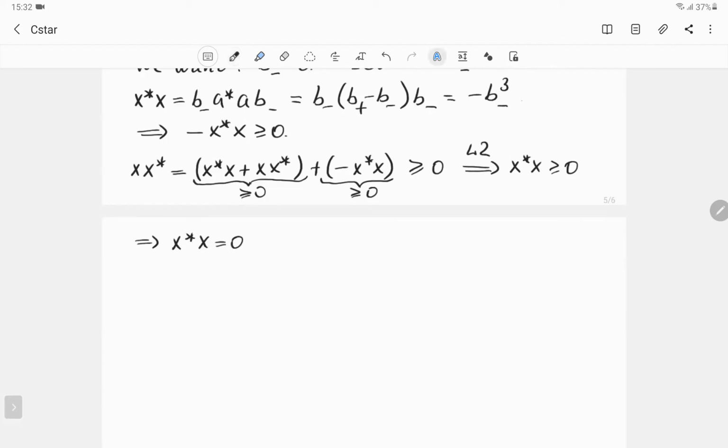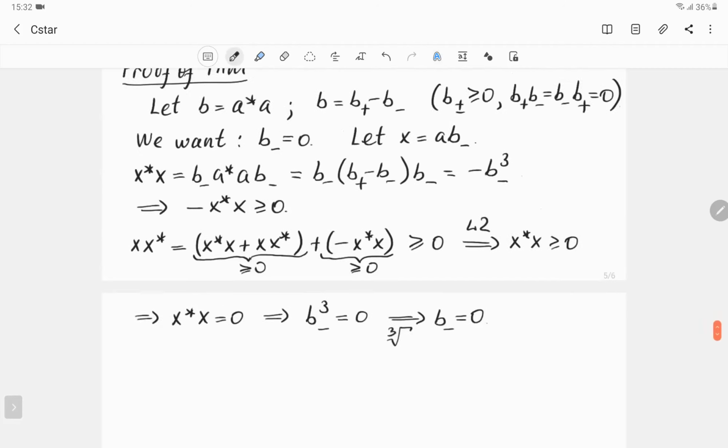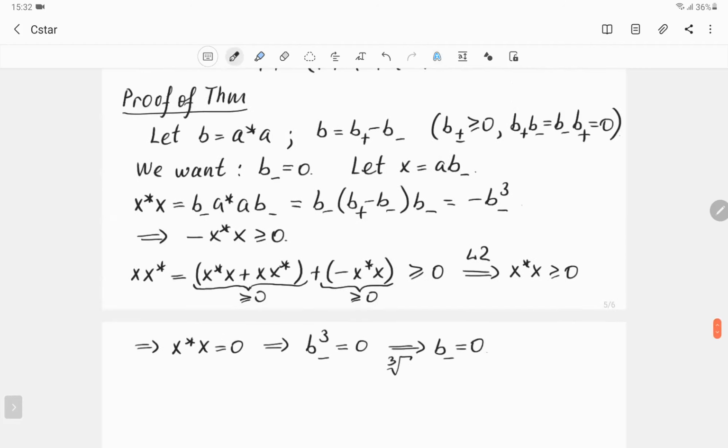Okay, now this element is 0, but we already know that this element is equal to minus B minus cubed. So we see that B minus cubed is 0. And after taking the cube root, we conclude that B minus is 0. But this is exactly what we wanted to show. So this completes the proof.